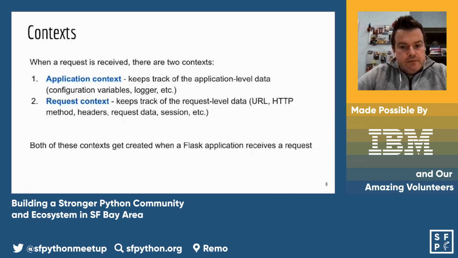So it's stuff that applies across multiple requests coming in. The request context, on the other hand, keeps track of request-level data, what you're processing in that moment. That's the URL that was requested, what the HTTP method was, whether it was a GET or POST, what the headers were, request data, even the session data.